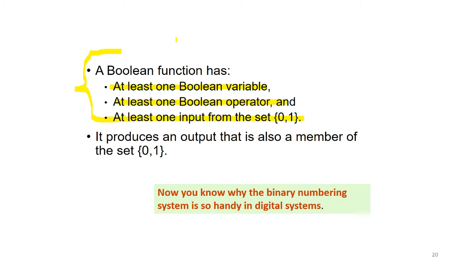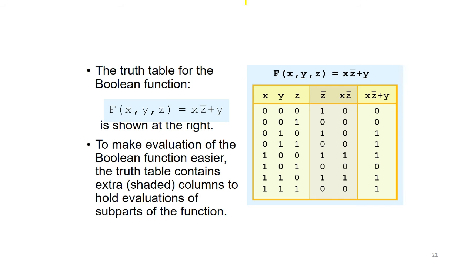The Boolean function should satisfy these conditions. It produces an output that is also a member of the set 0 and 1. Now you know why the binary numbering system is so handy in digital systems, right? So now let's get into the next part.